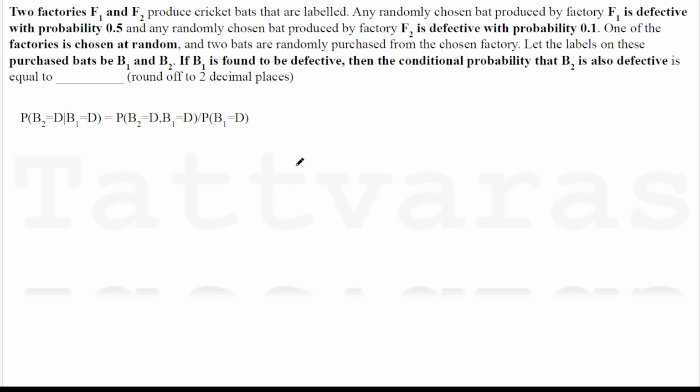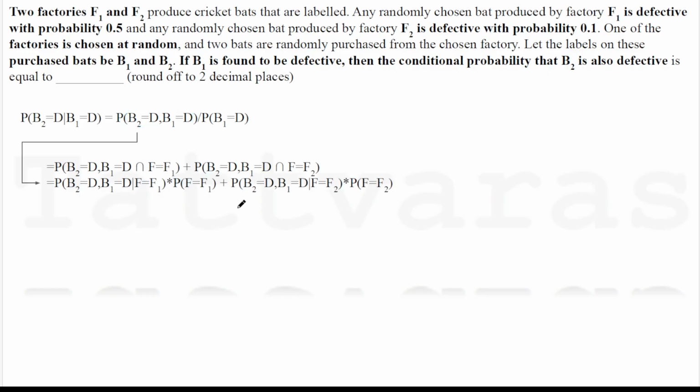Now, the simple multiplicative rule gives us this, and let's focus on the numerator first. We are using the law of total probability to break this event into the consideration of the underlying factories, because the question also says that there are two factories, and only one of them at a time can be the production house of the bats. Then we again use the multiplicative rule to transition each of these two into this form and this form.